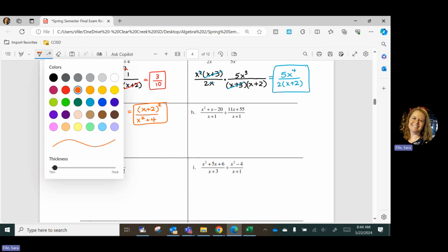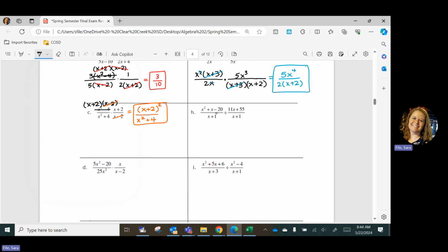All right, another division here in H. So we're going to keep, change, flip, but I'm going to factor. So the numerator on the left, the factors of negative 20 that add to positive 1 would be positive 5 and negative 4. The denominator is x plus 1. Change from division to multiplication and flip the numerator and denominator of this one.